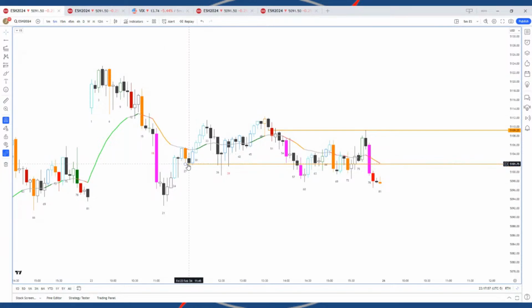And then the pullback after the outside bar resumed the trend. So at each of these levels, the event and response gives you information about what the price action should be that develops afterwards. And as a result, tells you whether you should be trading your trend resumption system or your mean reversion system.